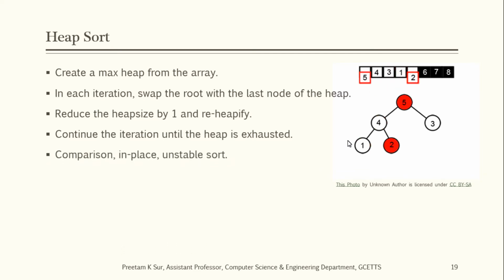So heap sort again is a comparison sort, because it is doing the sorting by comparing the values of the elements. It is an in place sort because we are taking the array, and whatever we are doing, making a heap or doing the sorting, everything is done within the array itself. And it is an unstable sort because if there is a duplicate element, it can go anywhere.